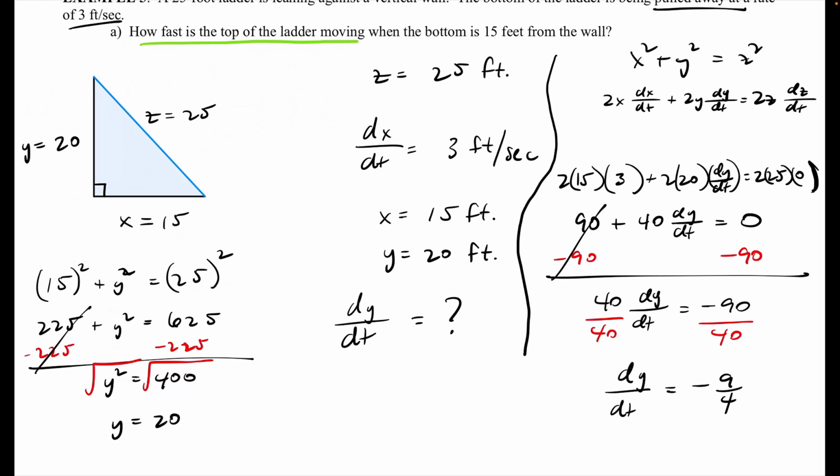So I have 2 questions, then we're done. First question, what are the units? Feet per second. Second question is more of a common sense. It's a negative number. We haven't had a negative answer. Is that okay? Yeah. Why is it okay?